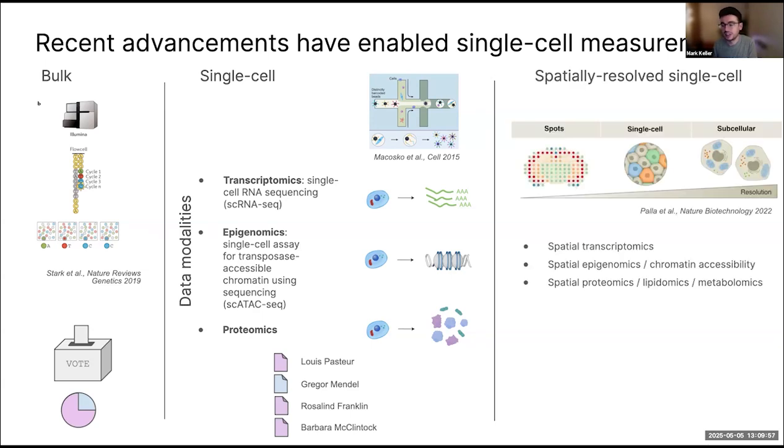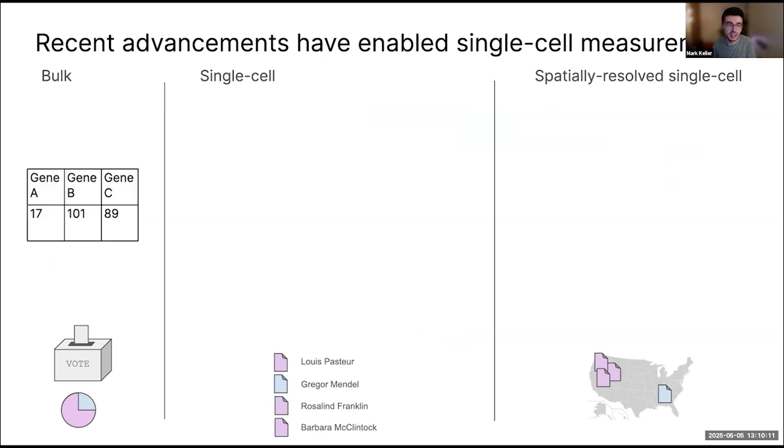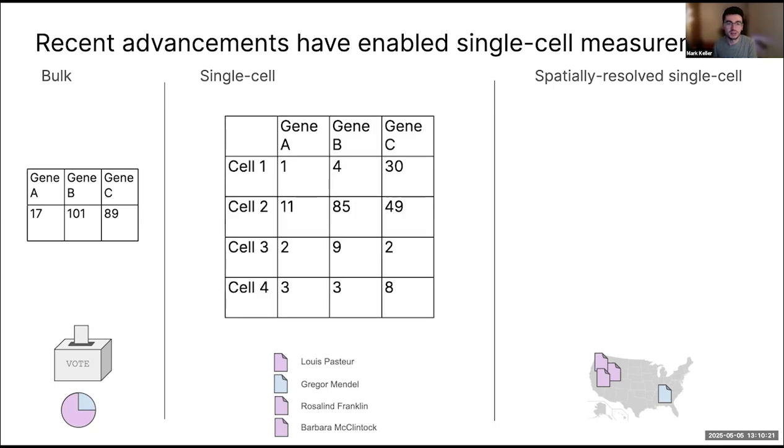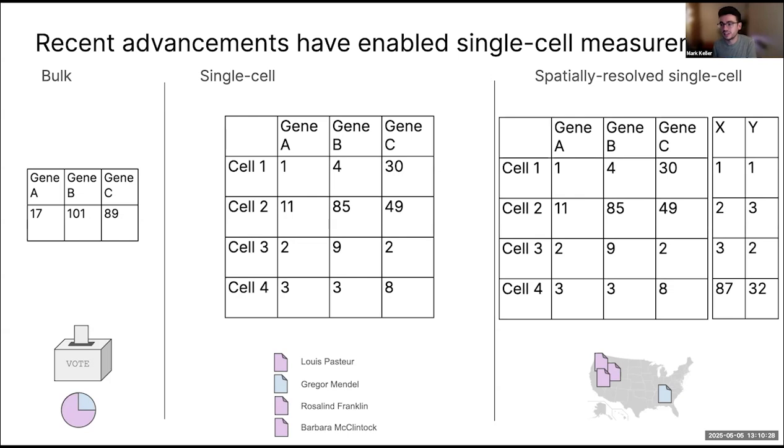Then we have the spatial analogs of each of these technologies, where you can think of the results as also having the address of each voter along with their identity. The data in the bulk case would be a vector of gene counts, whereas in the single-cell case, we have this additional cell dimension to the data. And in the spatially resolved case, we have spatial coordinates.